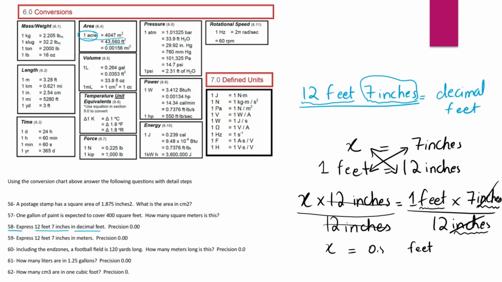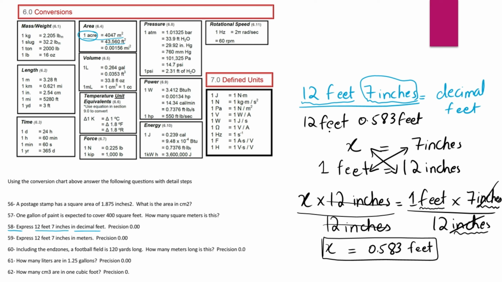So I can write 0.583 here. You can see this value 0.583 feet is equal to 7 inches. But the value given in the question is 12 feet 7 inches, so only the 7 inches is equal to 0.583 feet. So we write 12 feet, and instead of 7 inches we write 0.583 feet.